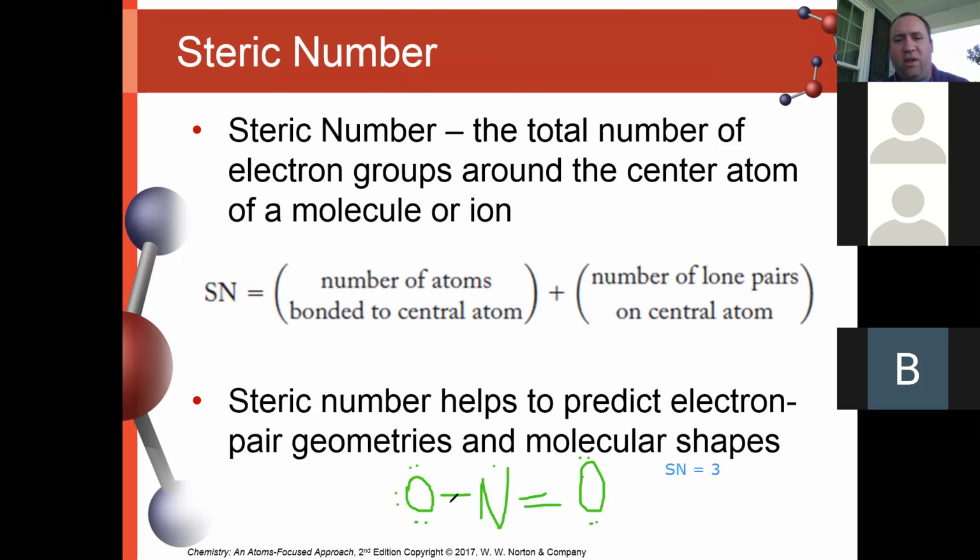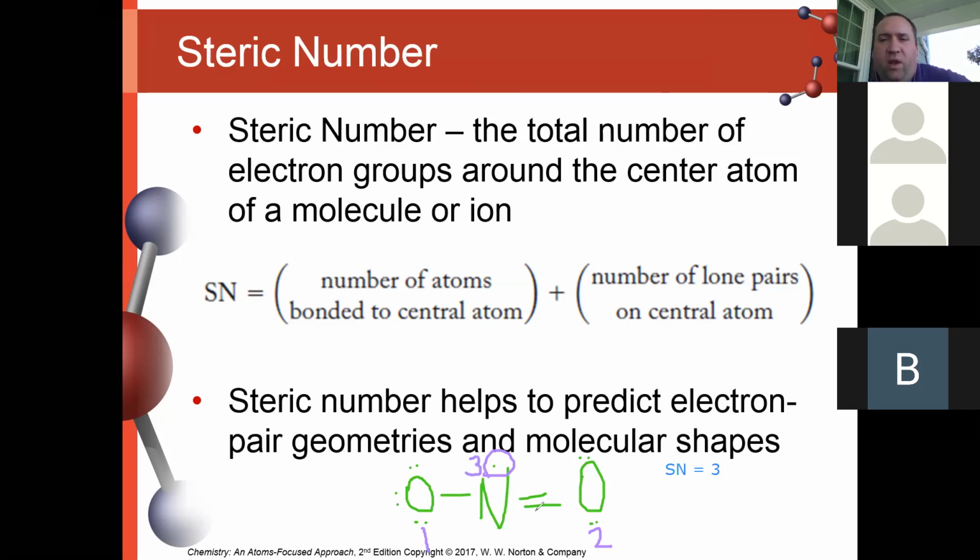Because even though it is double bonded in this direction and single bonded in this direction, for steric number, we actually don't care what the bond order is. What we care about is the number of atoms that are being bonded to by the center. And so I've got 1 electron group to this oxygen, 1 electron group to this oxygen, and 1 electron group for the part that contains that lone electron.